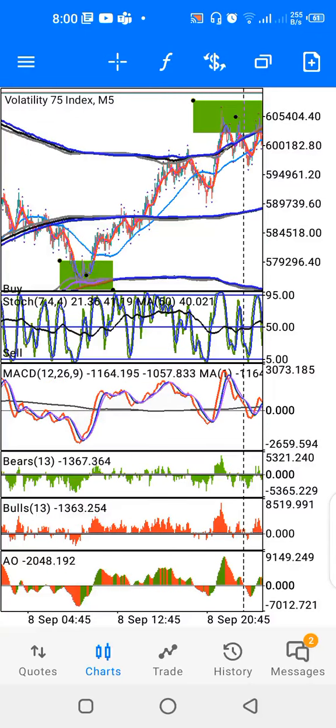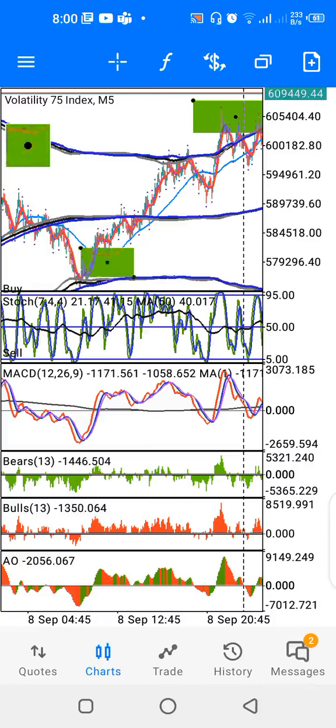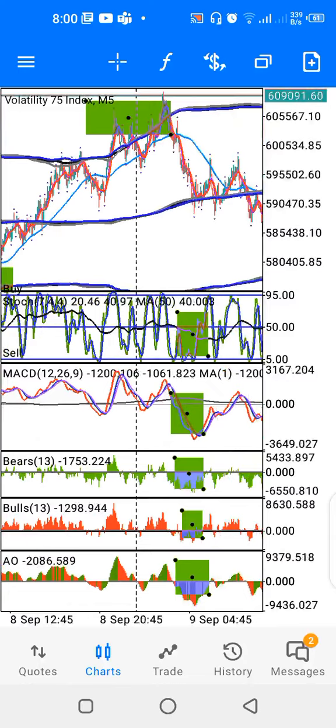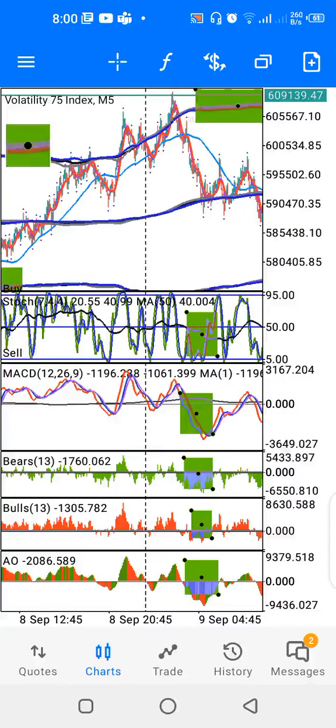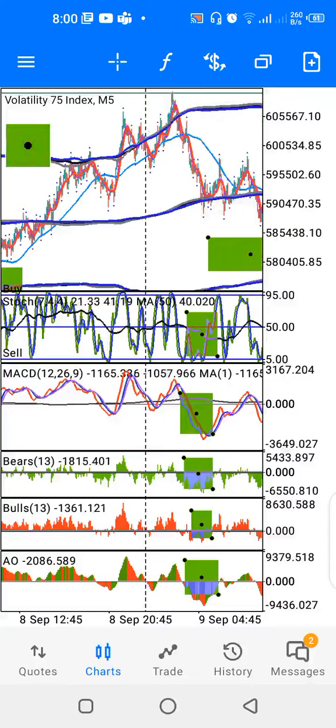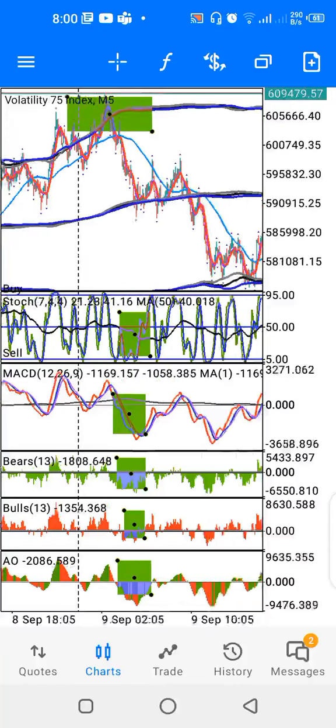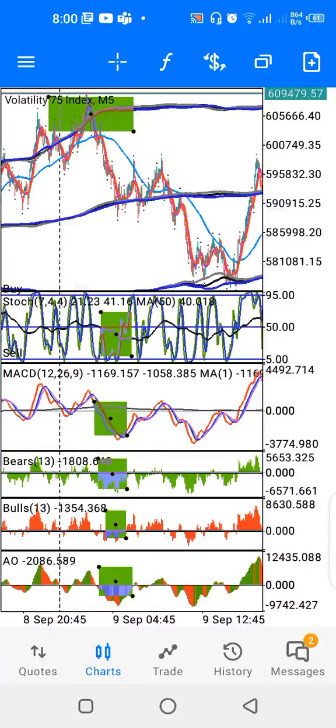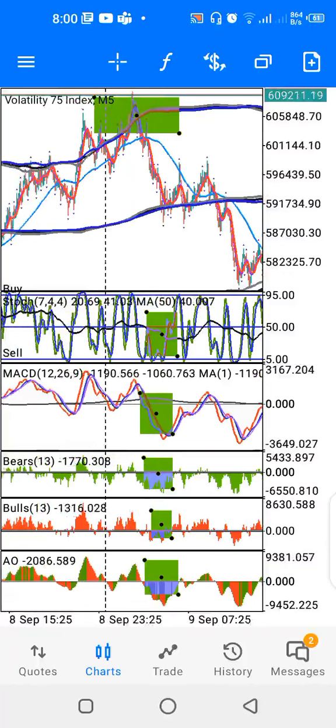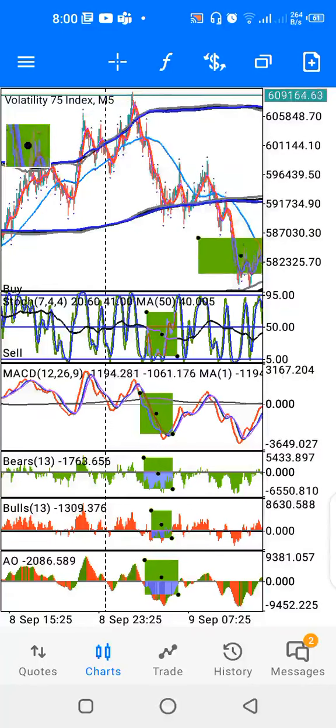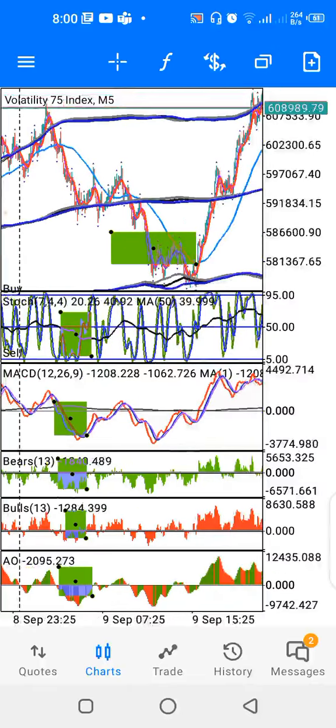You have your support where price gets to and starts to go up. You have your resistance where price gets to and starts to go down. All right, that's for trend identification. At the resistance, price drops and then you have downtrend on the 5-minute time frame.